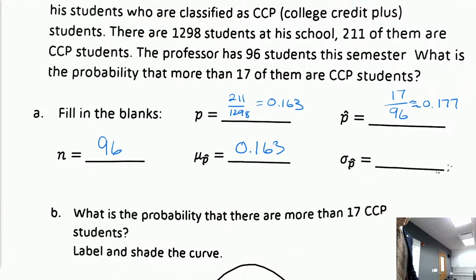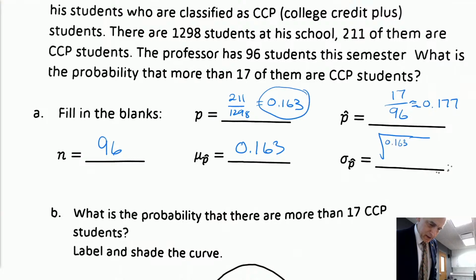Anyway, sigma sub p hat. That's the standard deviation of the sampling distribution. We actually have to do a little bit of math here on our calculators. So it's going to be the square root of p, that's this number, 0.163, times 1 minus that number, 1 minus 0.163, which is 0.837, all over the sample size, 96.